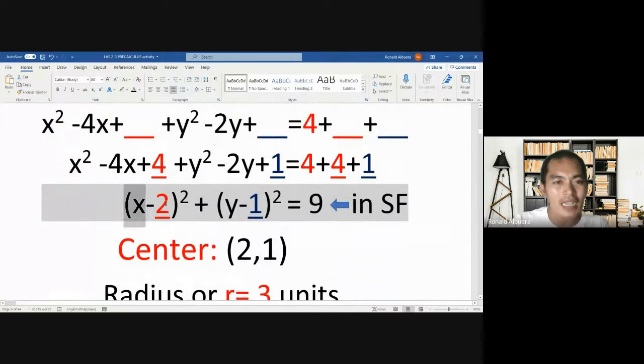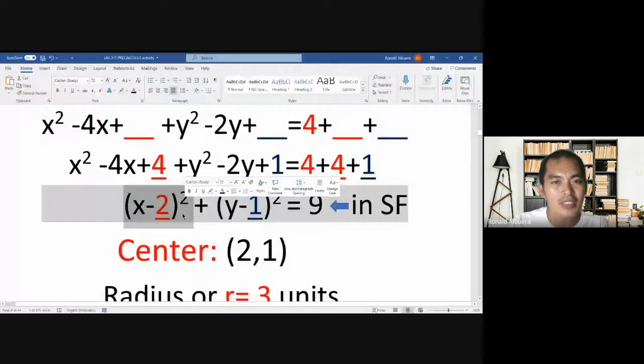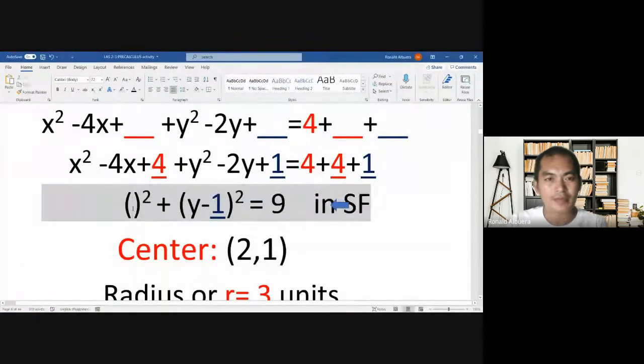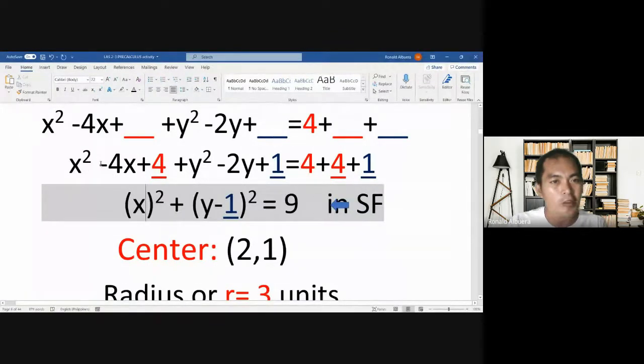But how did we get this square of x minus 2? What you will do is like this. Okay, you make open and close parenthesis with a square outside, and get the square root of x squared, which is x, and just copy the sign of the term with x, which is negative.